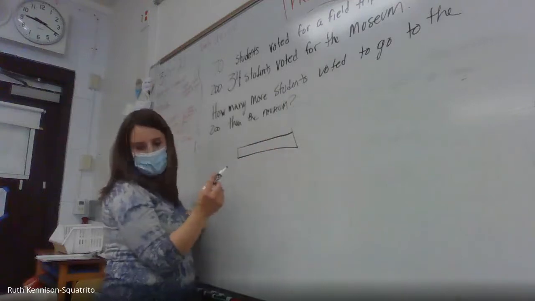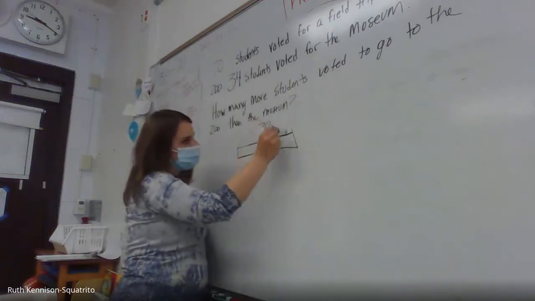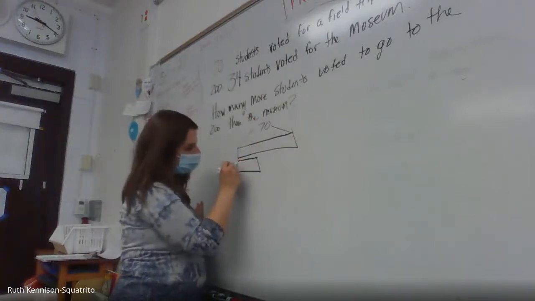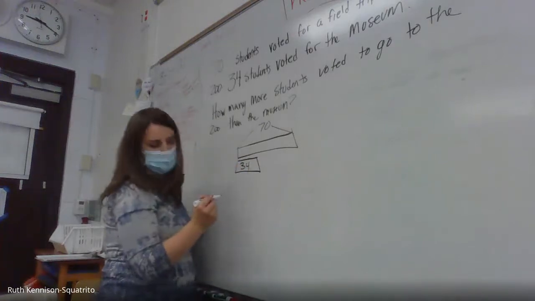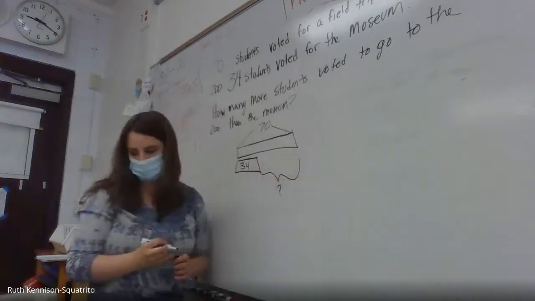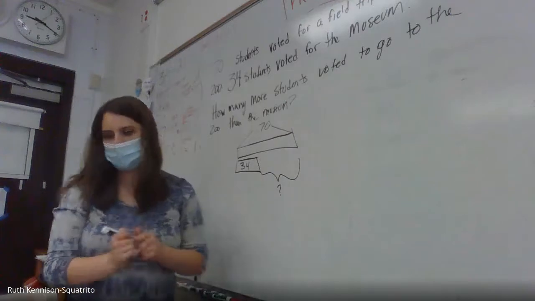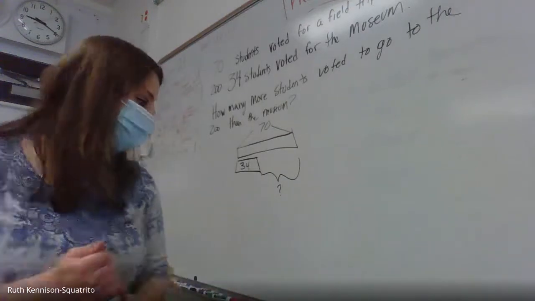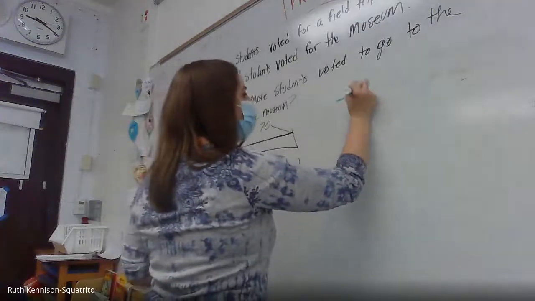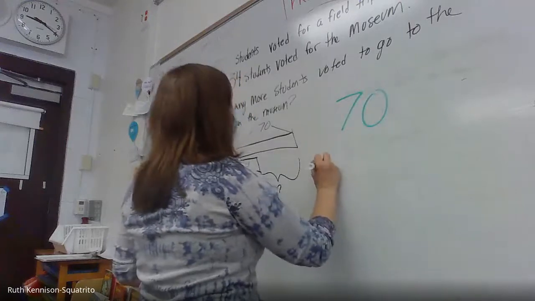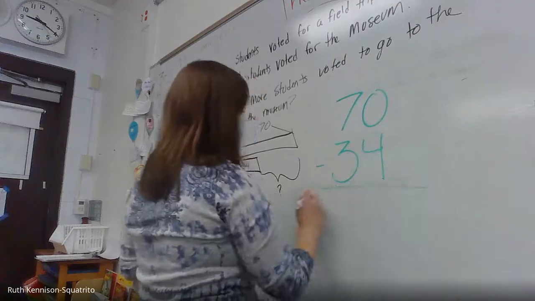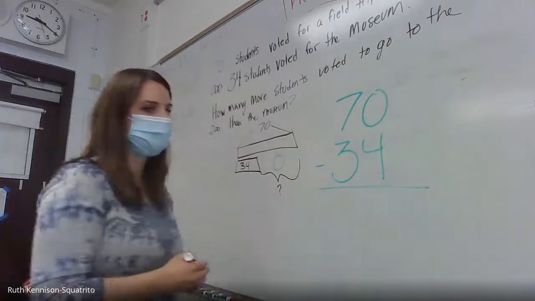Okay, so we're saying that is 70. And we're saying this is 34. Okay, and then we want to know how much that is. If you take how many students voted for the zoo and you subtract how many students voted for the museum, you can find our mystery number.